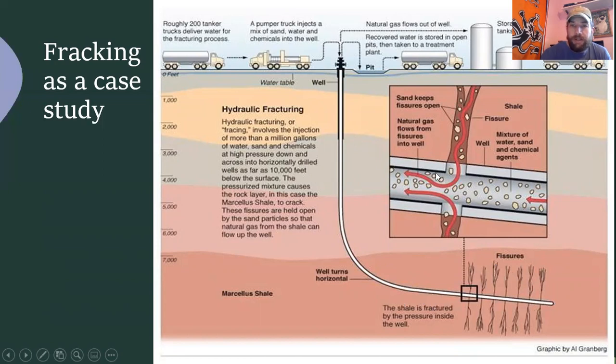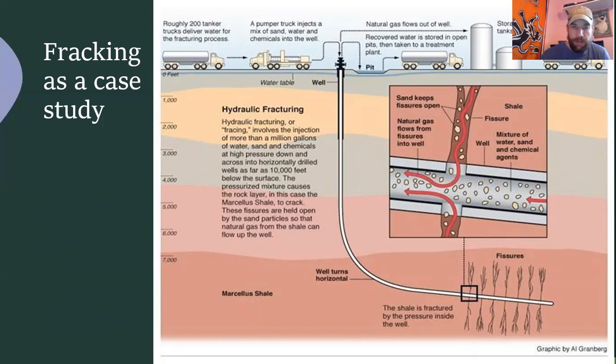You then actually literally explode through the pipe with these explosions, these perforating guns. You then force a bunch of water, chemicals, and sand called proppant into those holes you made to create cracks and fissures. That's the fracturing, hydraulic fracturing, that then allows the natural gas and oil, which is otherwise locked up too tight, to come flowing out and up to the surface.